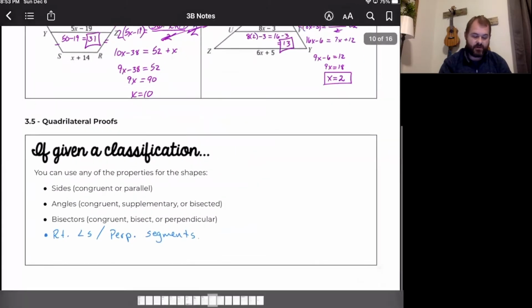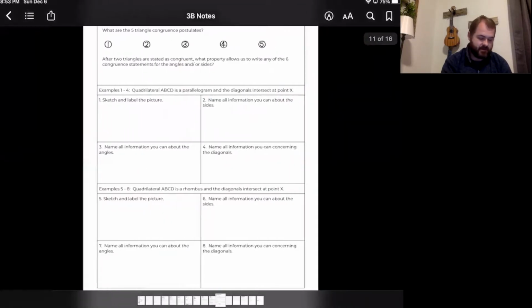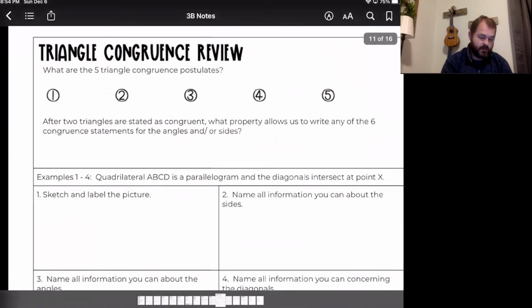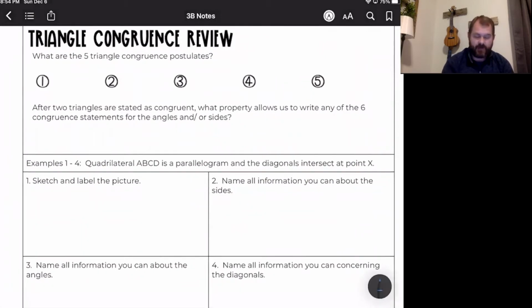So let's go ahead and move on to the next page and do a quick review of triangle congruence. We had 5 ways that we could prove triangles are congruent, and hopefully you remember what those are, but I'll write those in for you here. You had side, side, side; side, angle, side; angle, side, angle; angle, angle, side; and HL for hypotenuse leg.